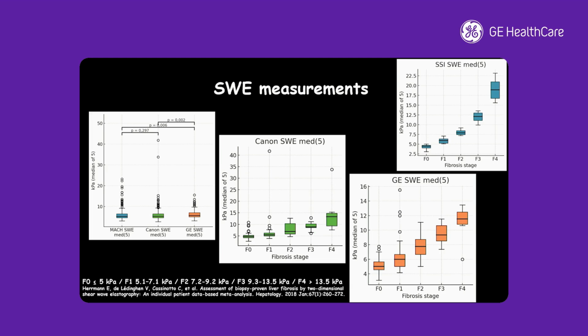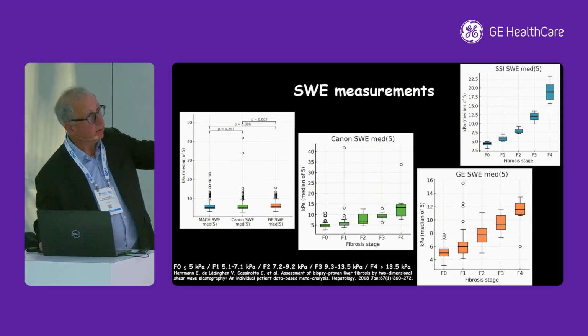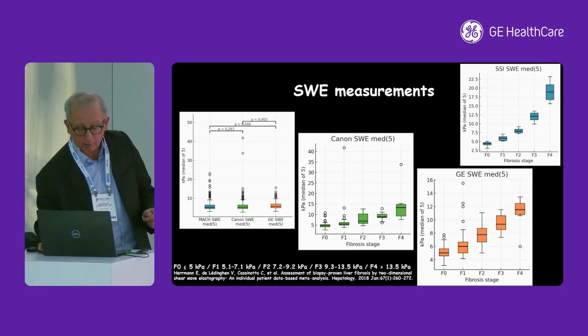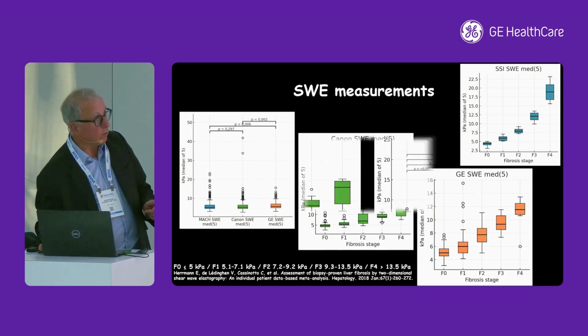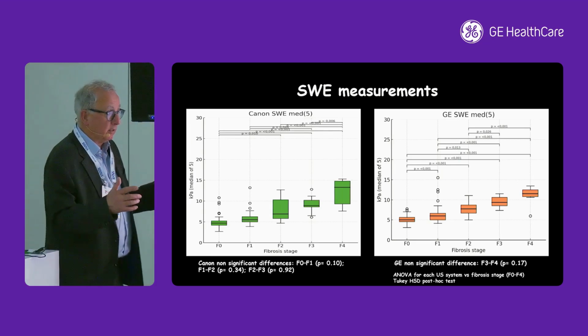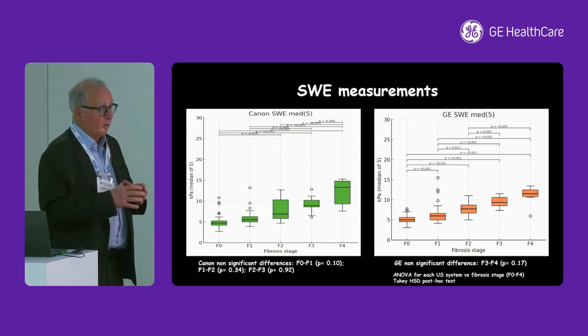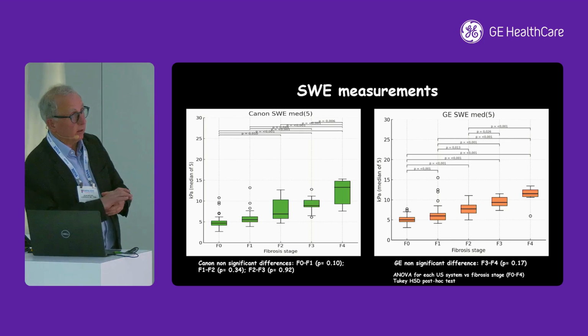And then you see quite a nice difference between the stages of steatosis, depending on the fibrosis, that you can see here, depending on the systems. So all systems are doing a pretty good job, but nevertheless, the logic system is doing significant quality measurements.